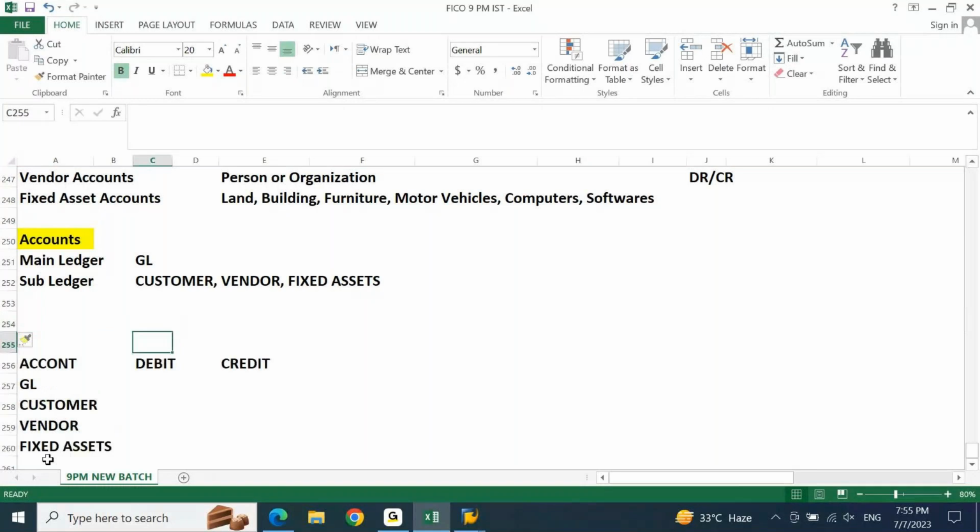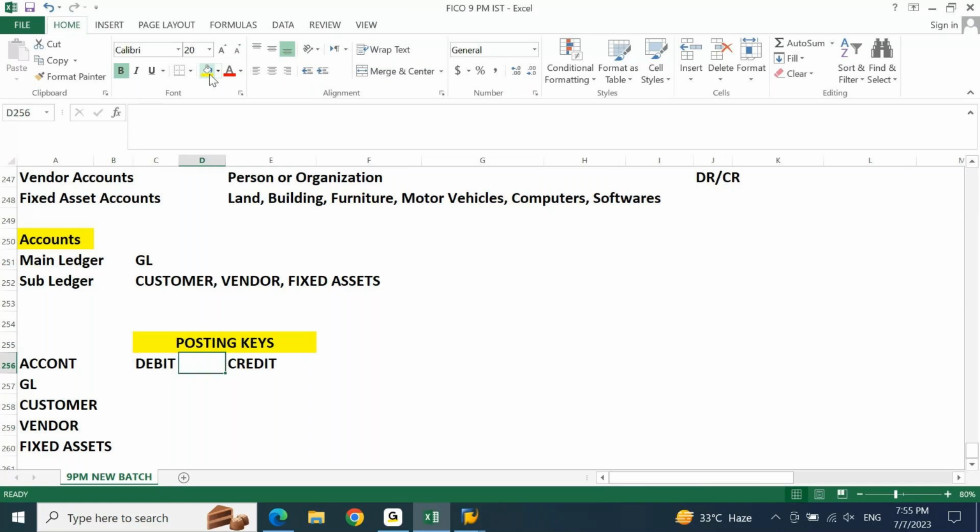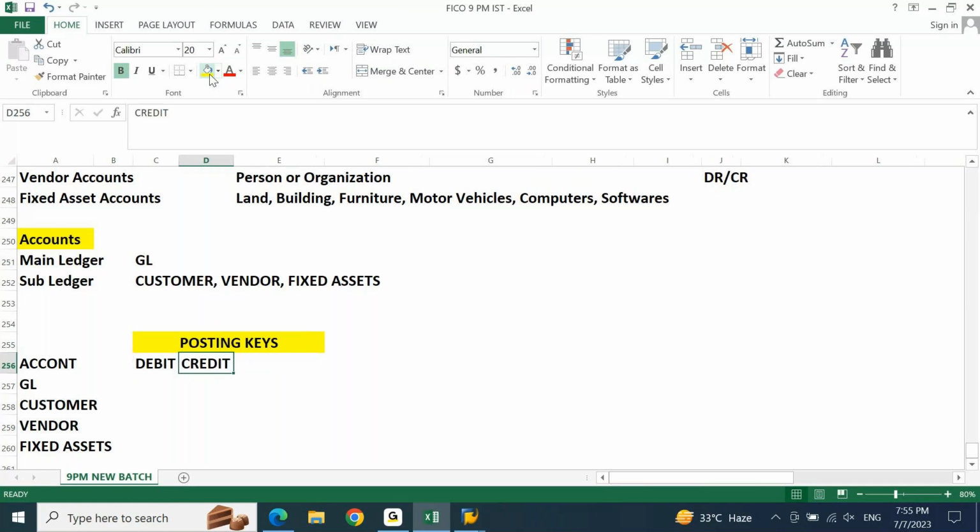Now, these debit and credit are called posting keys. Your debit and credit is part of posting keys in SAP. So, what is your posting key for debit? What is your posting key for credit? 40 and 50. Correct. Let me put only these two columns. If you want to debit a GL account, you need to put a posting key called 40.